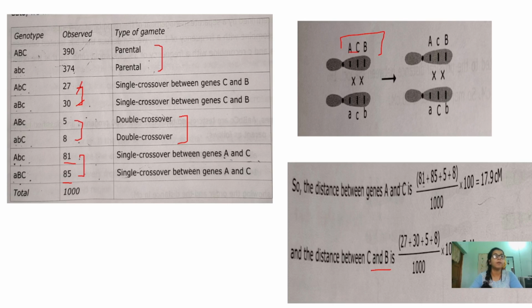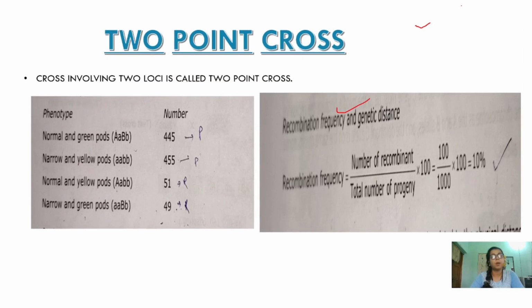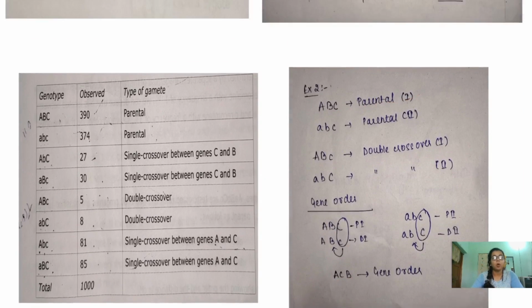By crossing you can find out, otherwise the next highest number after parental will be single crossover 1, below that will be single crossover 2, and the least will be double crossover. Then you just put in the formula and find the genetic distance between them. So this is all about gene mapping.